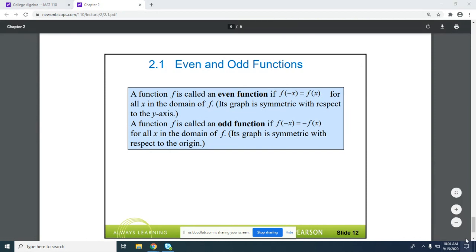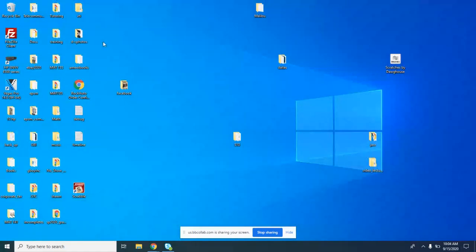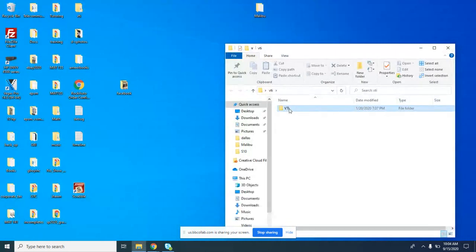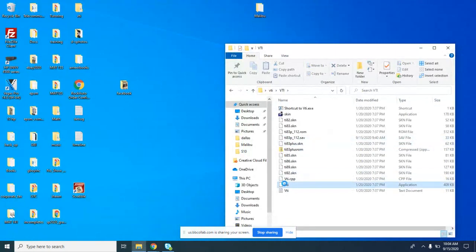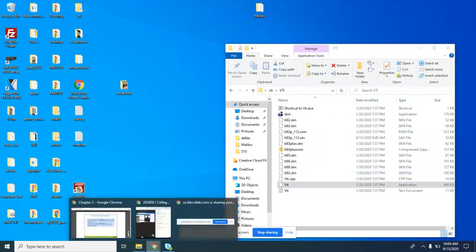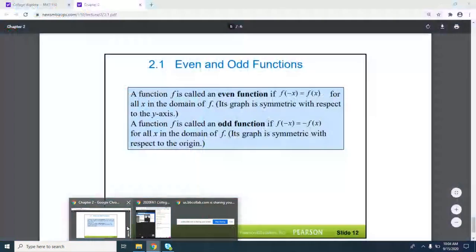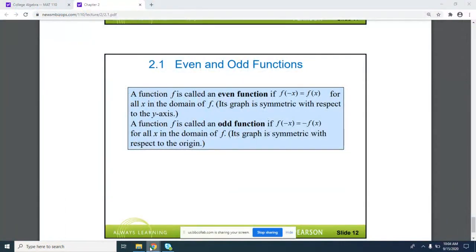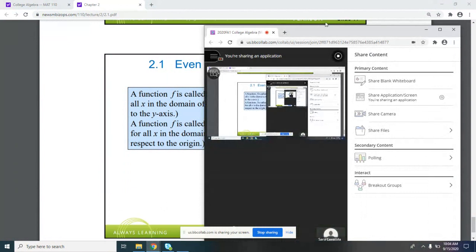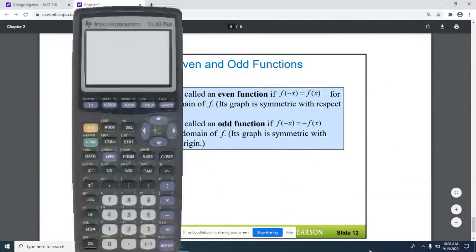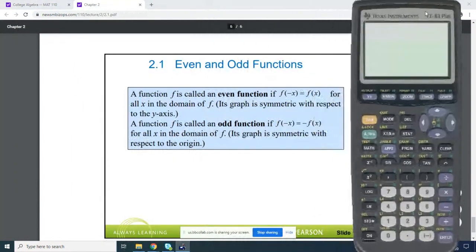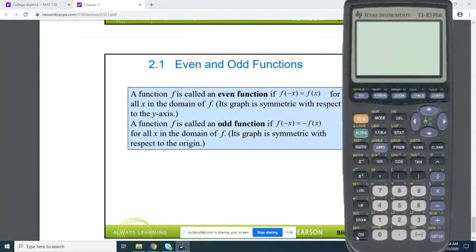I'm going to pull up my calculator. All right, and we're going to take a look at graphing a linear function.